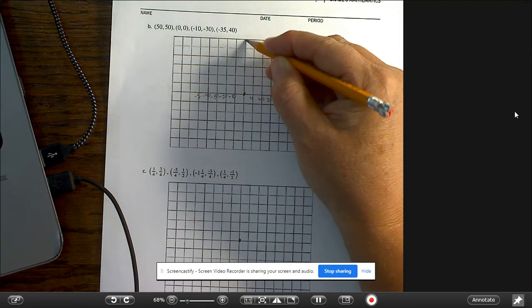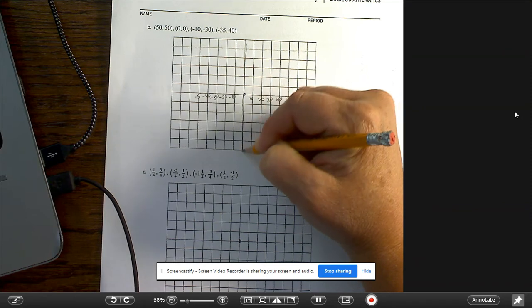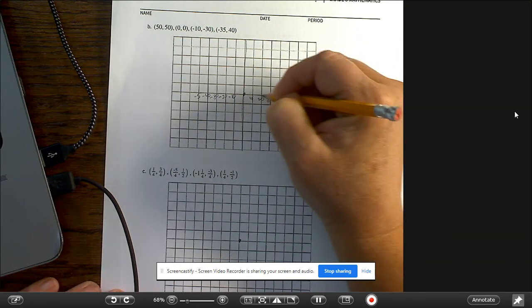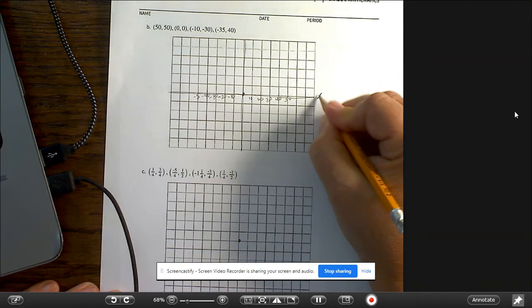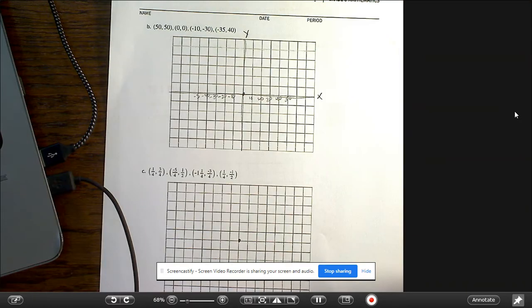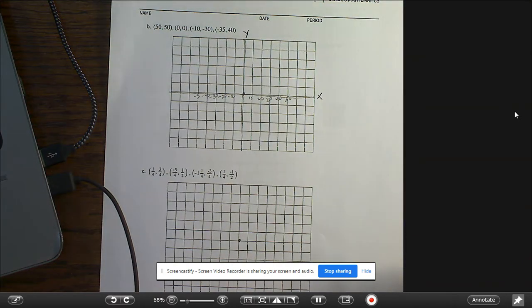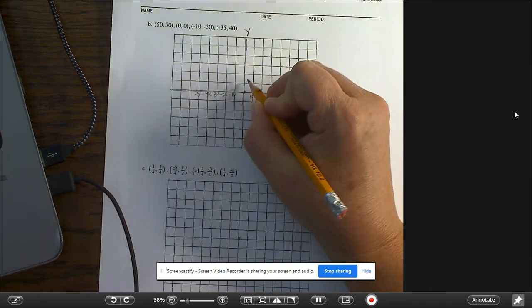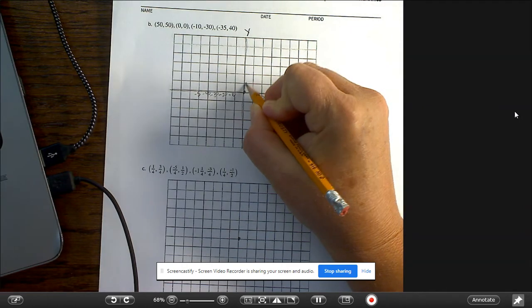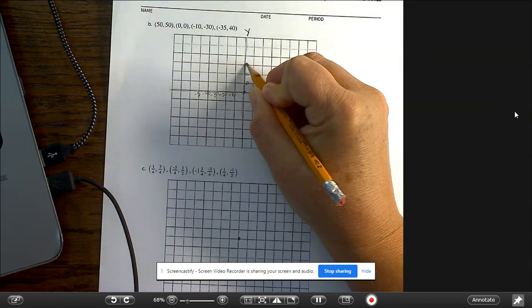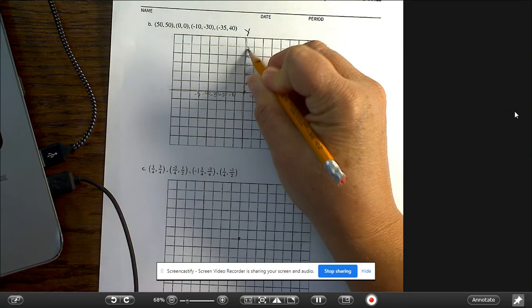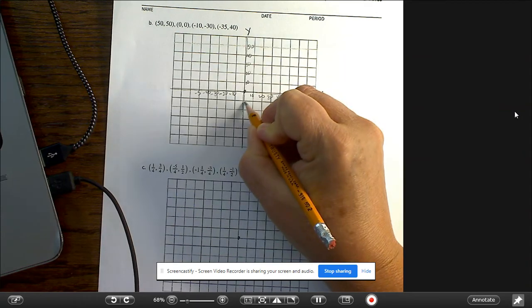And then I'm going to actually draw my axis, my y, and this is my x. And now I can put my y numbers. And the negatives.